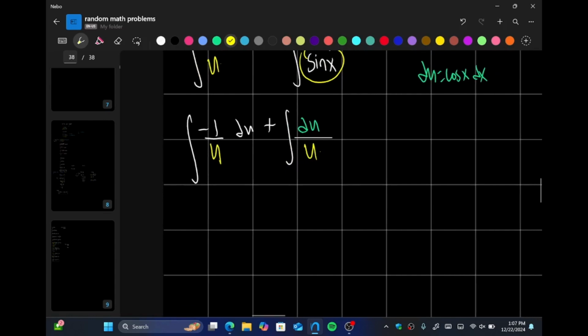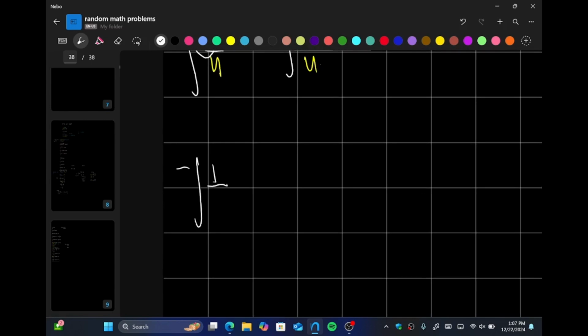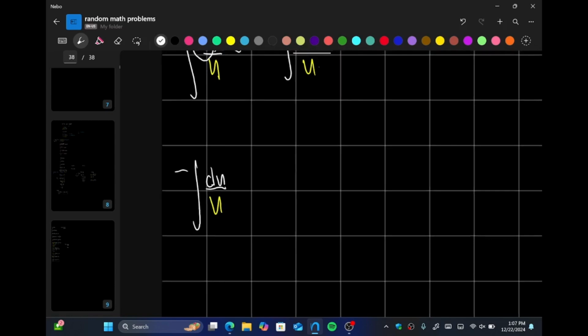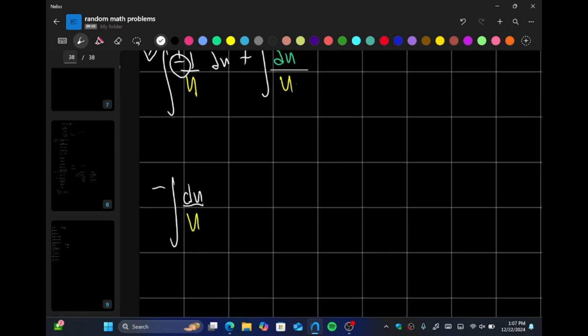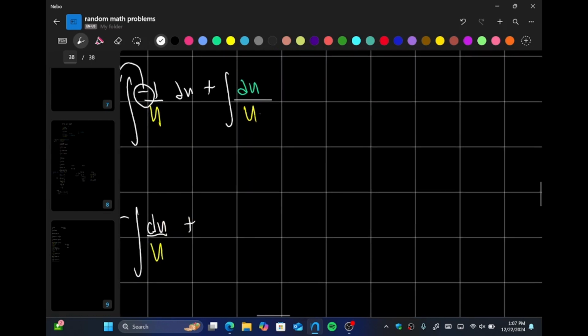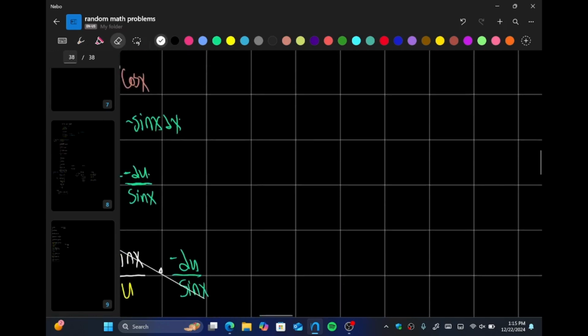Now move this negative outside, so negative integral of 1 over u, in other words, du over u, plus the integral of du over u. I do apologize.